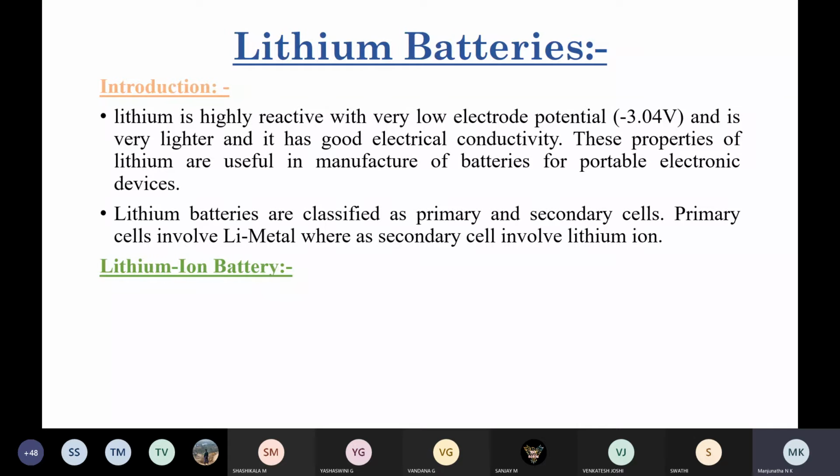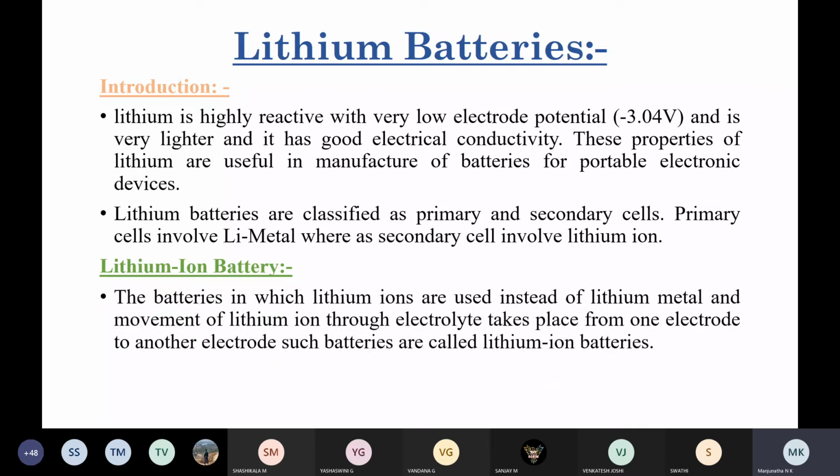See here, we are not using pure lithium metal, but we are using a lithium containing material as one of the materials. So these types of batteries are called secondary lithium batteries. One example is the lithium ion battery.